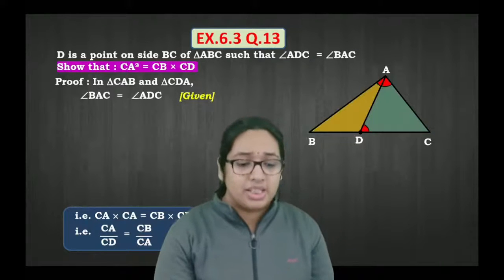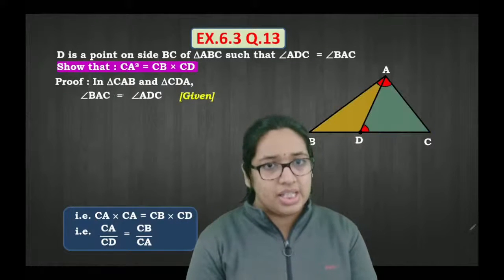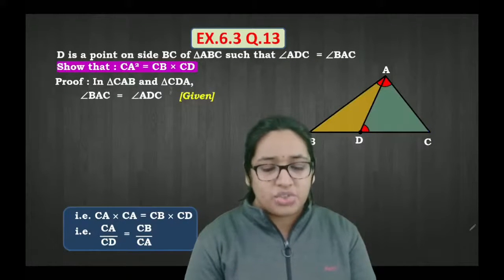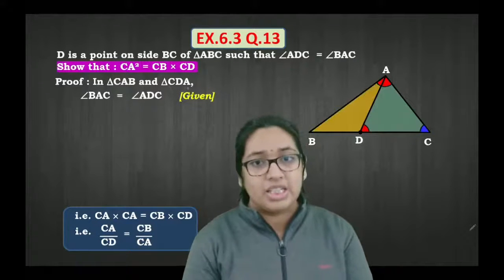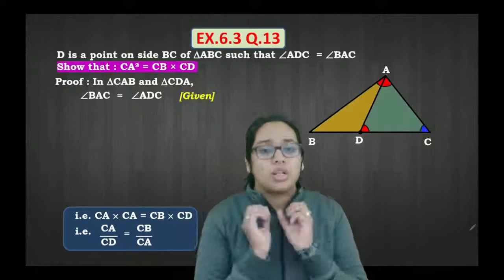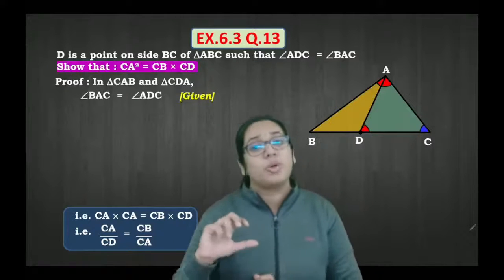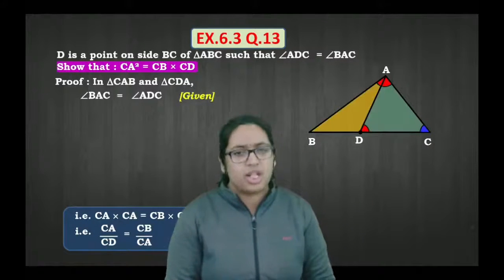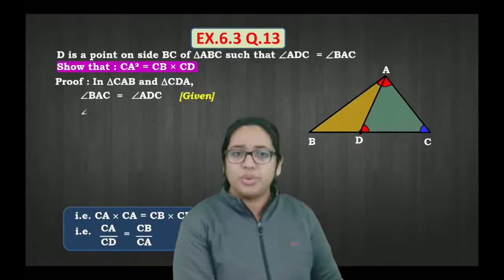We can see in triangle CAB and in triangle CDA, C is a common vertex. तो हमने क्या देखा था? अगर वर्टेक्स कॉमन रहता है तो करस्पॉन्डिंग एंगल जो भी कुछ रहेगा वो इक्वल रहेगा और कॉमन एंगल.